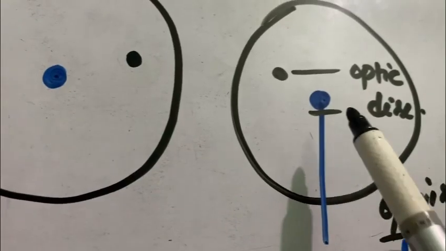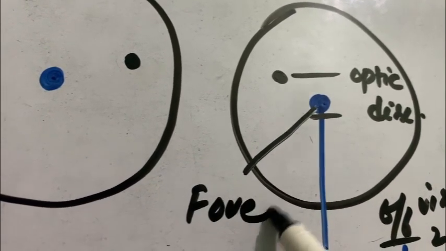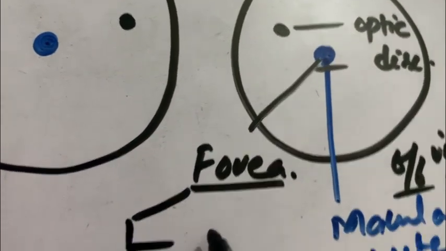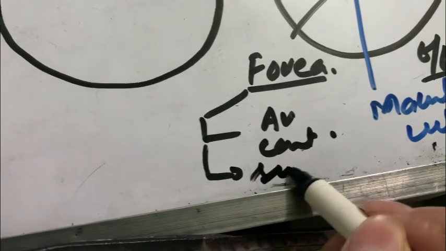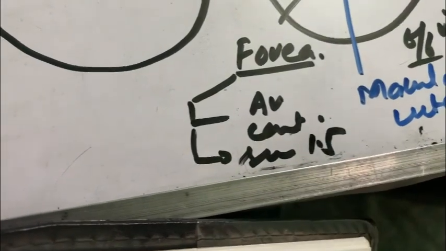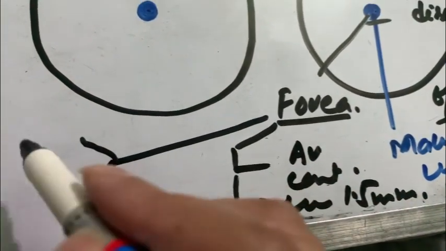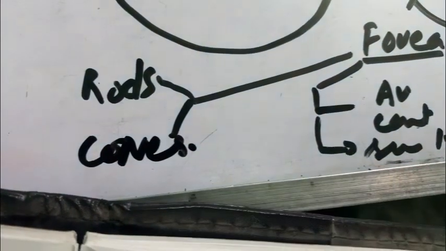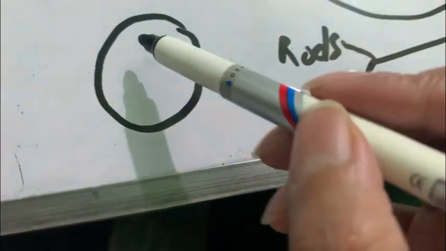As we talked previously, the depression in the macula lutea is called fovea. So talking about fovea, we had three characteristics: it is avascular, a central depression, and the same size as the optic disc, 1.5 mm. Inside of it lie rods and cones. We can explain it like this, that this is macula lutea.